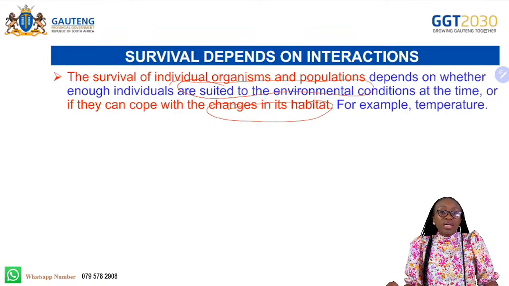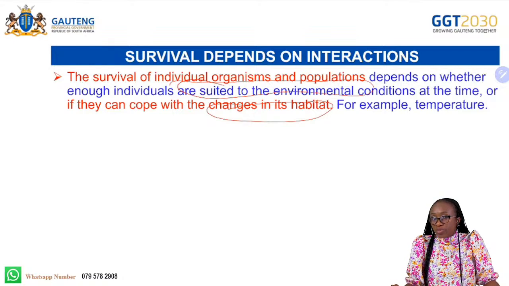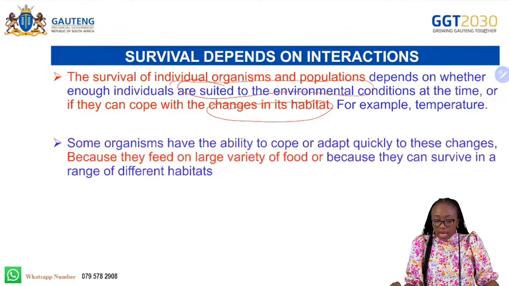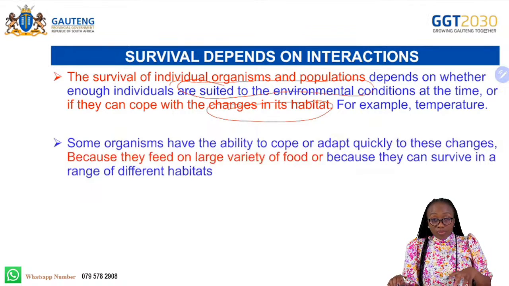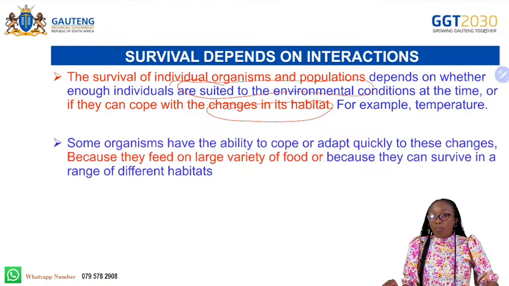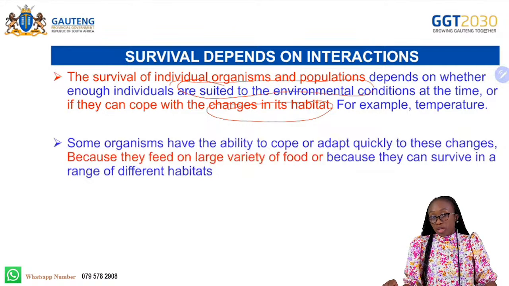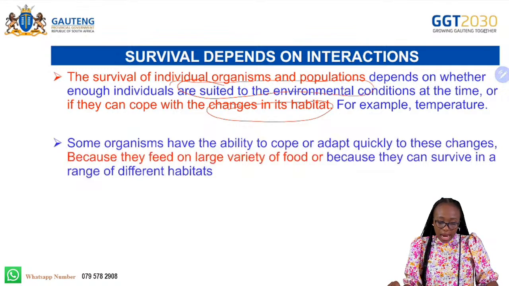For example, temperatures are getting warmer and warmer, or let's say temperatures are getting colder and colder. Can the living organisms that are in a particular area, for example, if the temperature continues rising year after year, cope with the change in temperature in their particular environment, or they move on or die out?